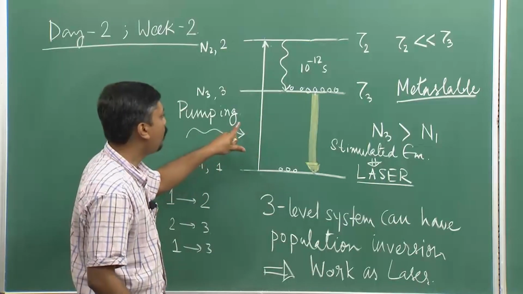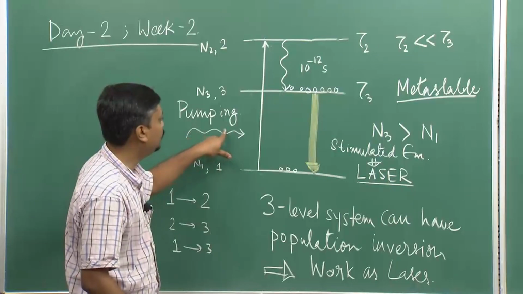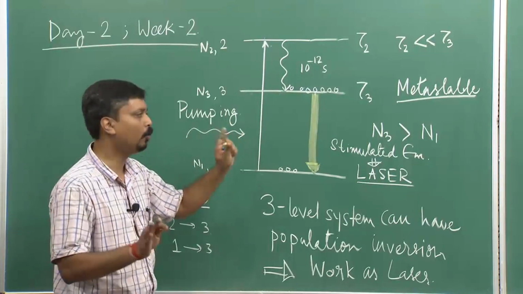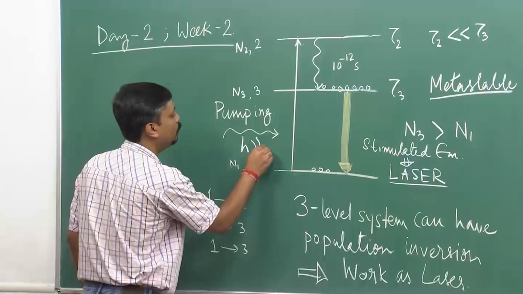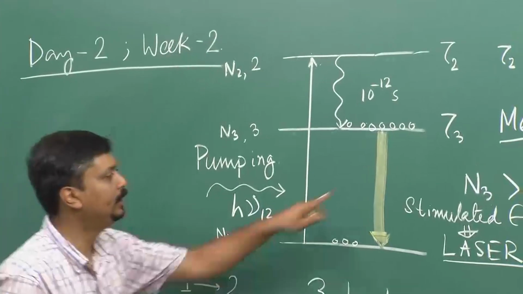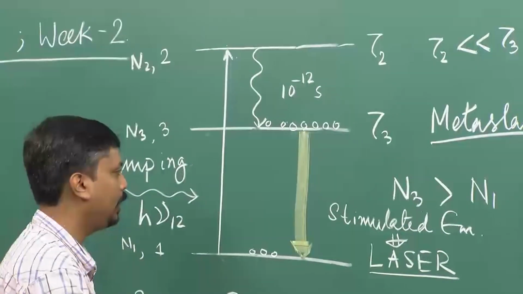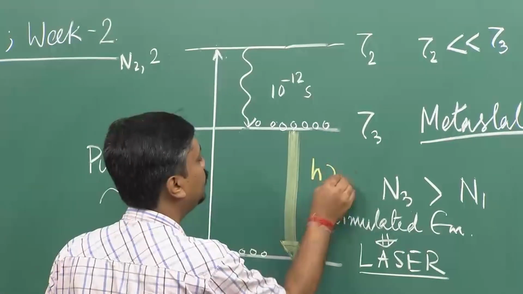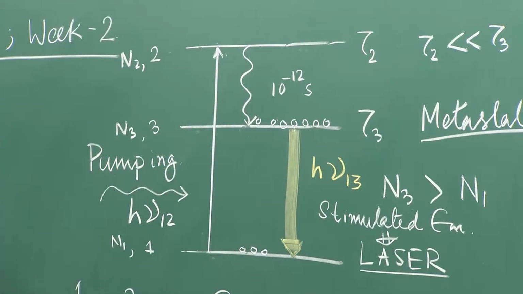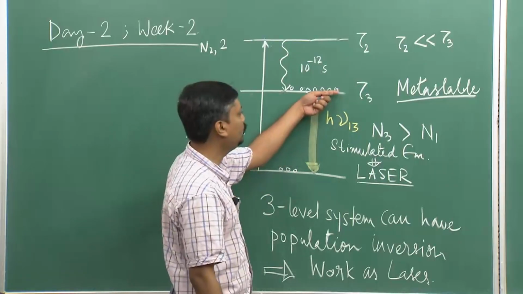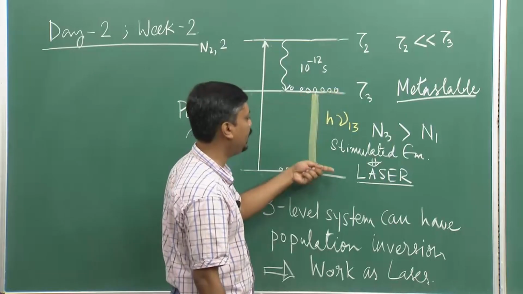Now as I said earlier, I am using a photon that has energy h nu 1 2, and this light has energy h nu 1 3. Let us put it in that way. So it is equal to the gap between 3 and 1.